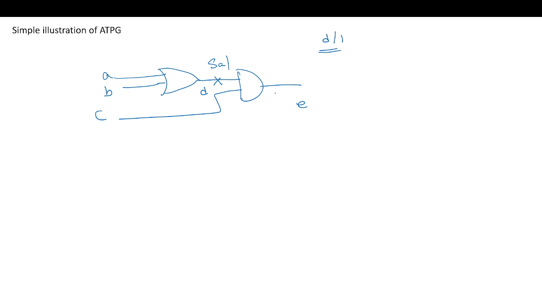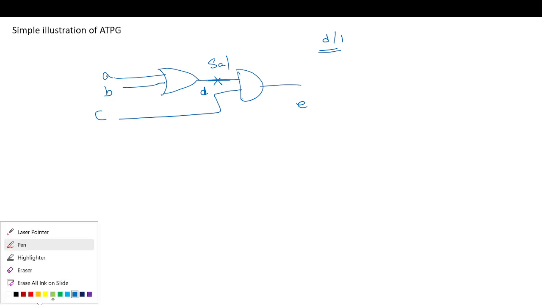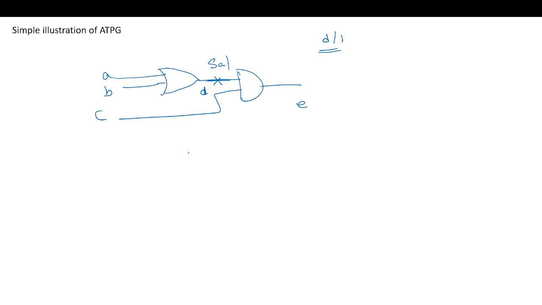We need an output which is distinguishable between the faulty and the fault free circuit. To excite this fault, we need an opposite value, so we set it to 0. To obtain a 0 here, both the inputs should be 0.